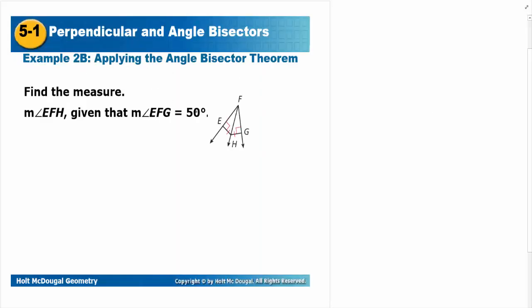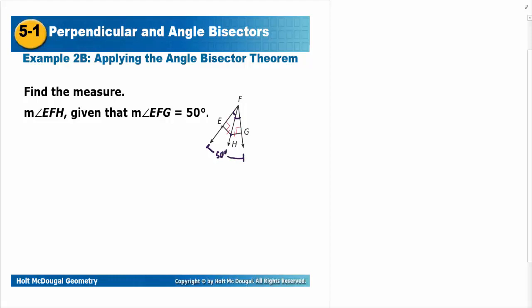In this case, we want to find the measure of EFH. So EFH is this angle right in there. Well, a couple things you need to know. I see my congruent segments and congruent angles, so that means that H must lie on the angle bisector. So I know both of these angles are congruent. Well, they told me what the whole angle equals. They said the whole thing is 50 degrees.